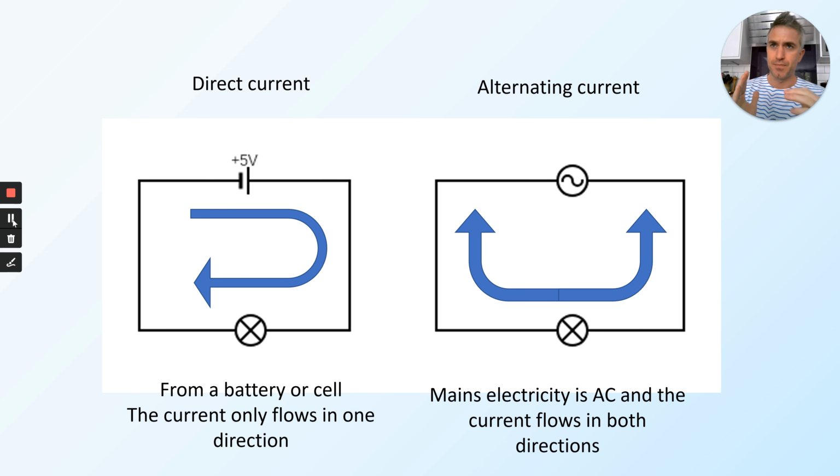And I suppose the easiest analogy I could think of is, with direct current, it's like when you're trying to move something from one place to the other. Say you're unloading a truck and moving things from the truck into your house. A direct current would be the equivalent of you going into the truck, picking up your thing, walking to the house, going in the door, dropping it down, and coming back to the truck to pick another piece up.